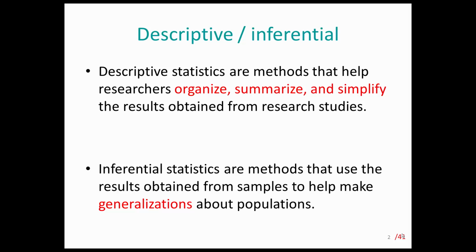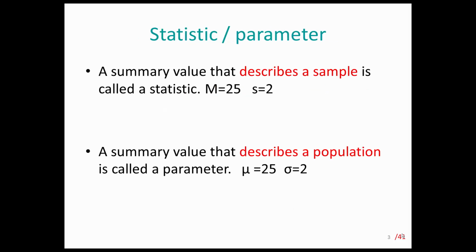Inferential statistics, on the other hand, are the methods in which we collect data on a sample and we try to generalize the data to the population. Any number or any score that we collect on a sample or describes a sample is called a statistic.